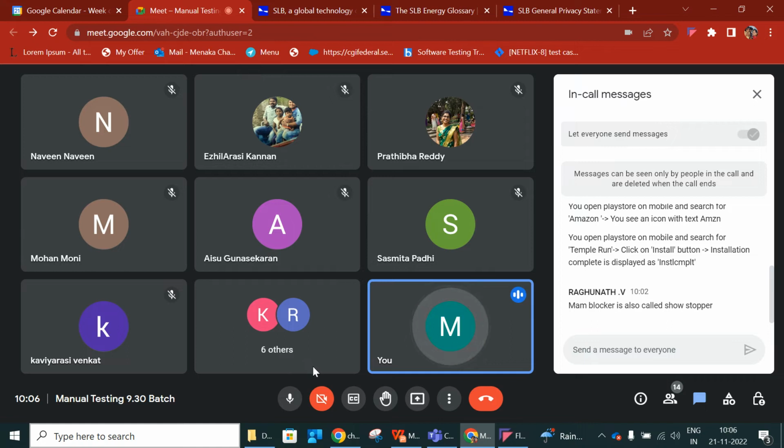Mohan, yours is also correct. And Bhagya, yours is also correct. I think Sashmita's is also fine.